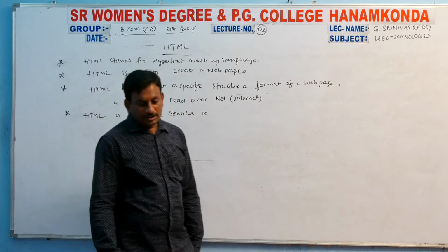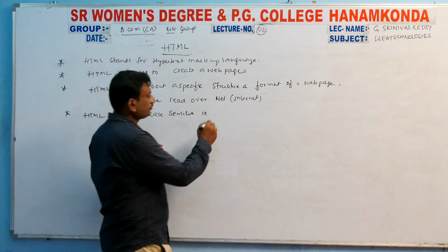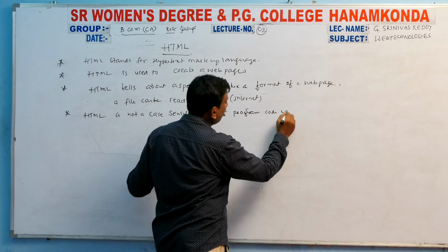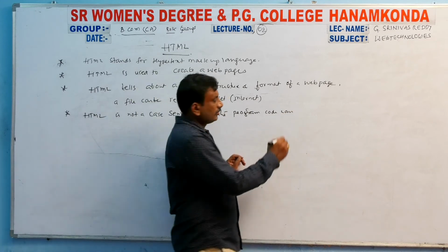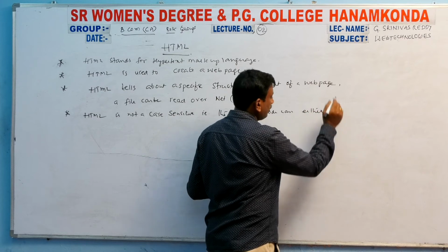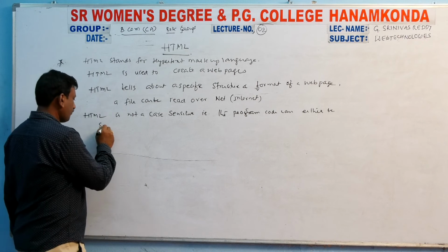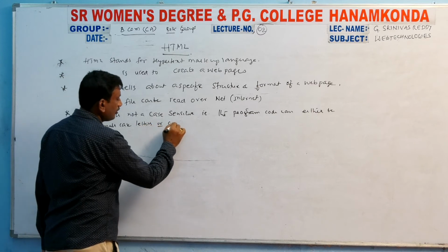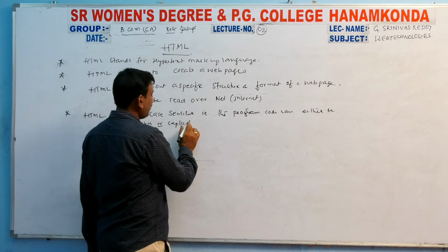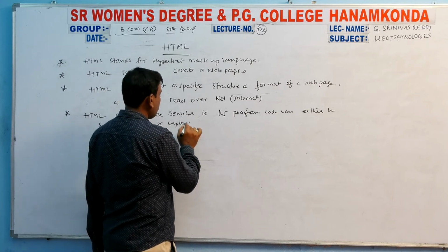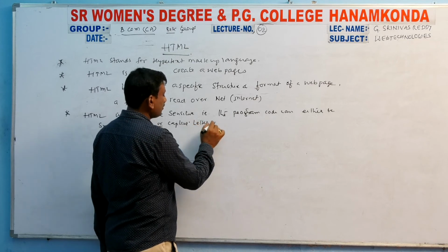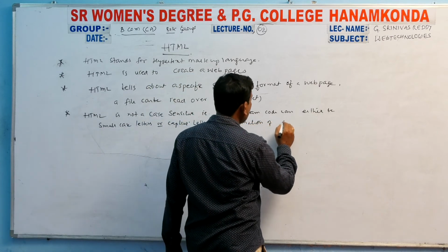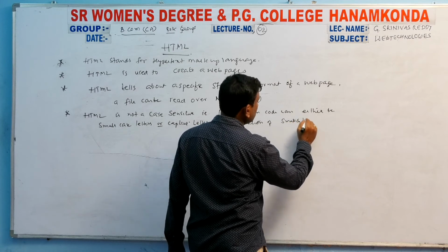That is, the program code can be either small case letters or capital letters, or a combination of small and big letters.